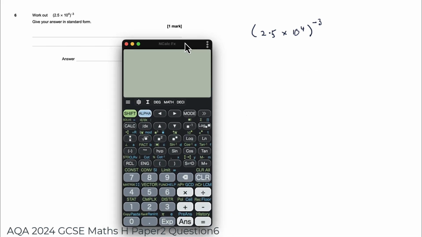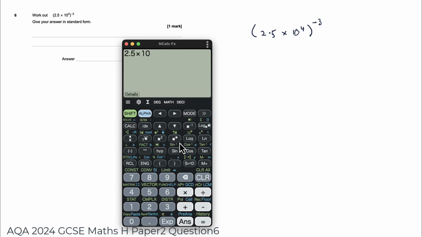Now, on my calculator, there's several ways of entering this standard form number into your calculator. The way I'm going to do it just now is just as it's written. So I do 2.5 times 10, and I need to find my raised to the power button. Now you'll have one on your calculator. It may well be x to the power y.